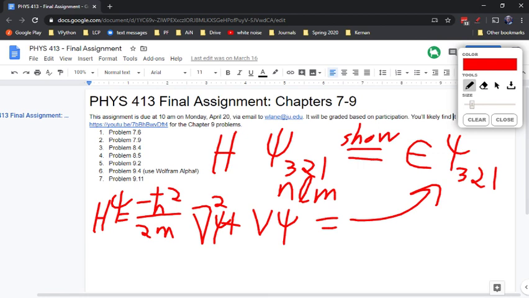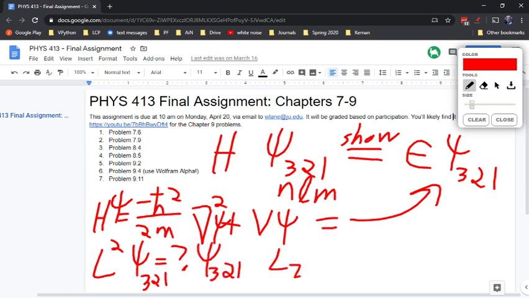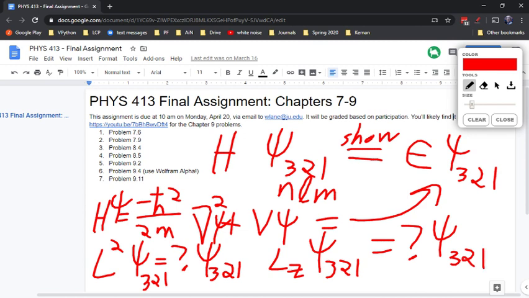And then the same thing with L squared and Lz. So for example, L squared on psi 321 gives you some number times psi 321, and Lz on psi 321 is going to give you some number times psi 321, because that's really the reason we have three indices on here, right?